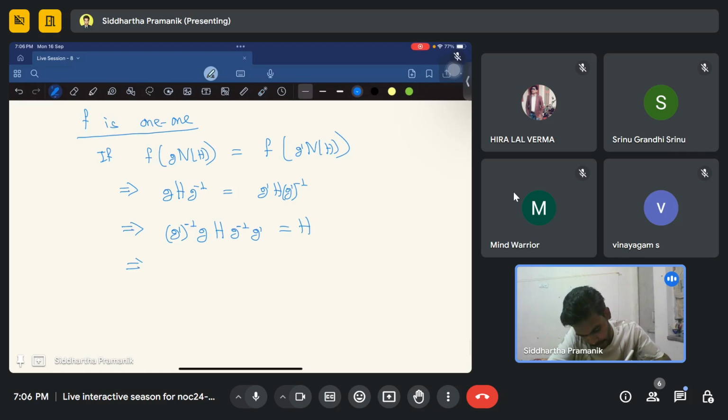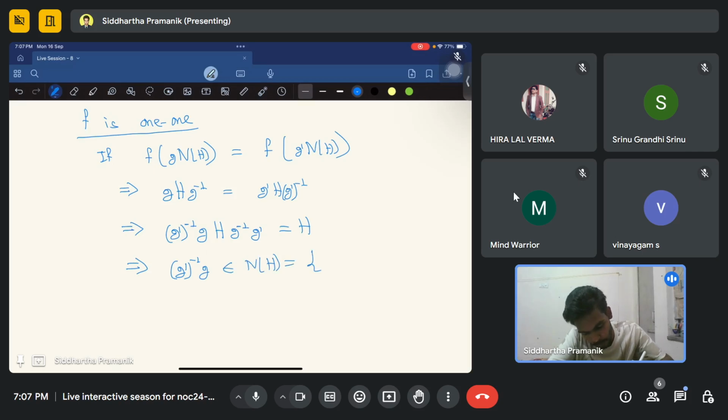So this will imply that this element, g' inverse g, belongs to the normalizer of H, because it is by definition, right?